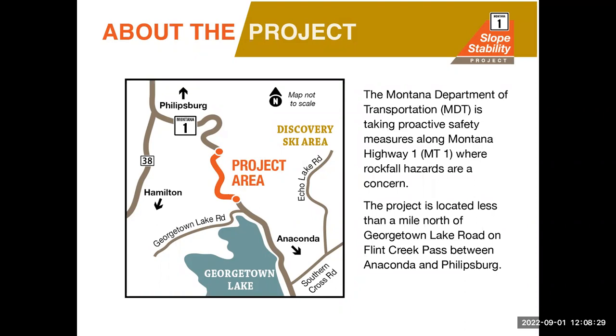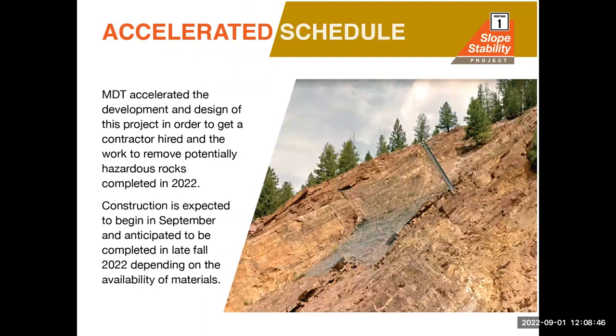I do want to reiterate the road is safe to drive on currently, but we are just being proactive to mitigate any possible future rockfall hazards. We can move on to the next slide, please.